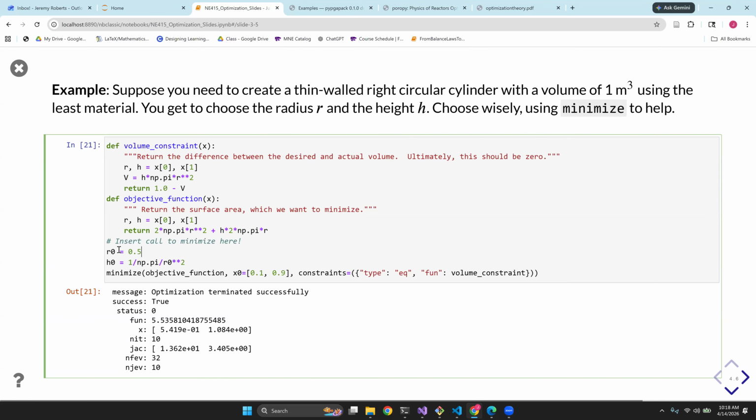So if we just pick an initial radius and then compute from that the height that matches it, that appears to work. And I could probably change this to anything I want.